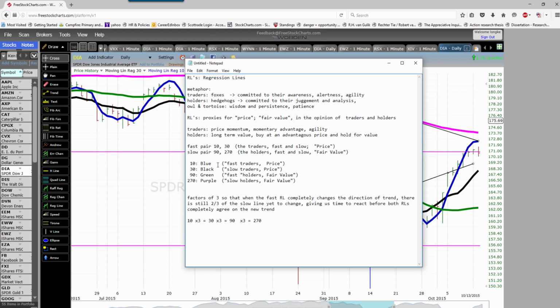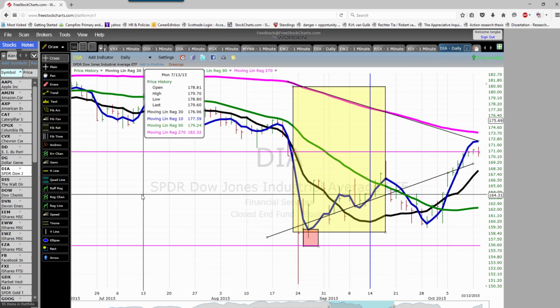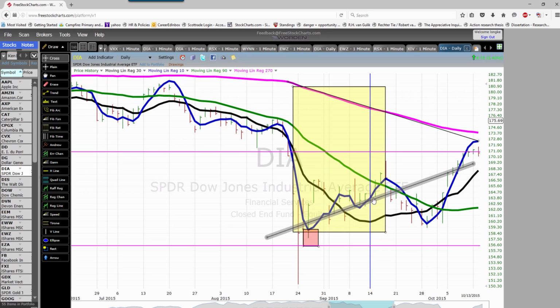Looking at fast pairs, slow pairs, standard screen markups, and using the fractal nature of the lengths of the regression lines that we've chosen to give us actionable information in time to make a difference, and to allow us to see the opinions of different time frames expressed on a single chart to give us some management capability, and then we can start framing trades in a way that is disciplined across the time frames.